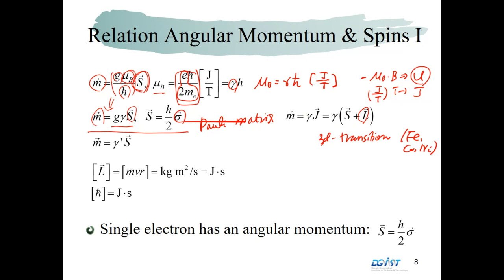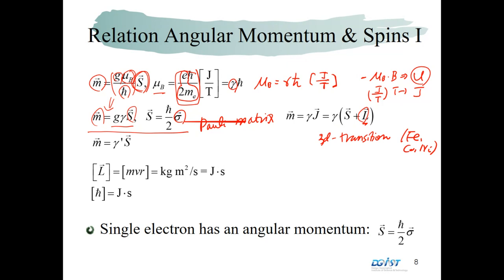The angular momentum in a solid, metallic system, 3D metal, is usually cancelled out or very small. So the contribution of the orbital angular momentum is very small.